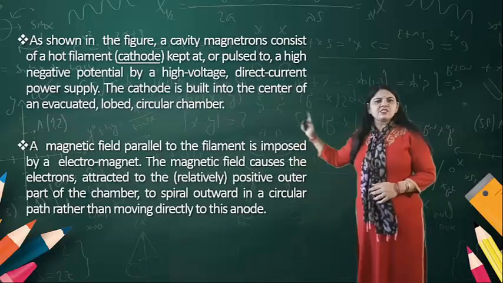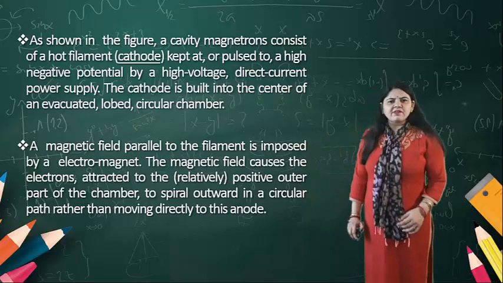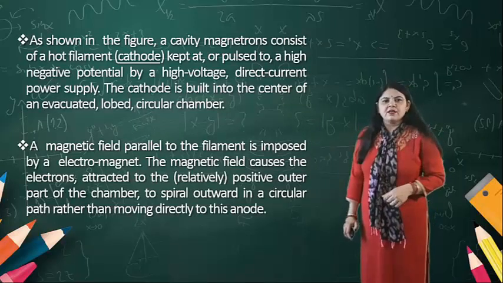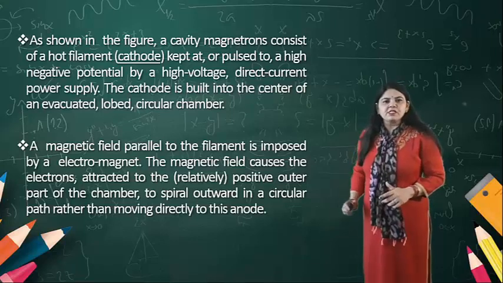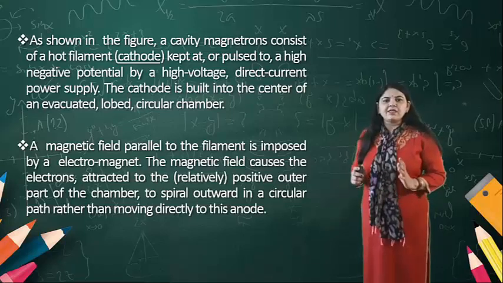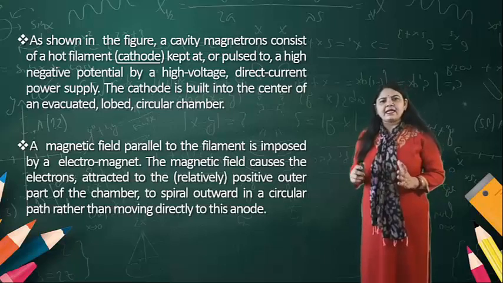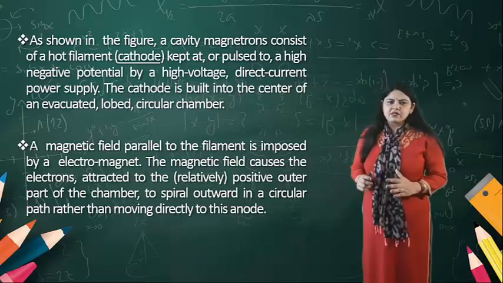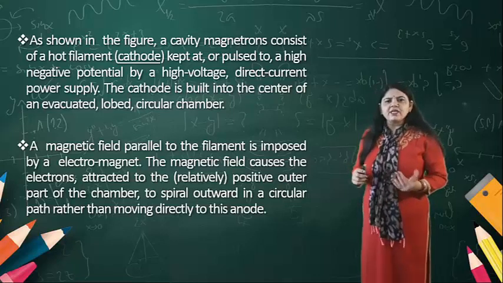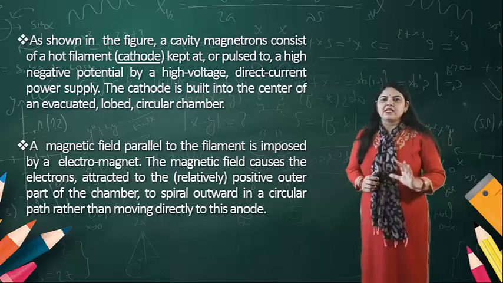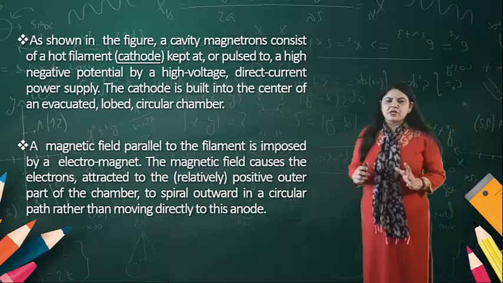As shown in the figure, a cavity magnetron consists of a hot filament kept at a high negative potential by a high voltage direct current power supply, and the cathode is built into the center of a cylindrical, circular chamber.